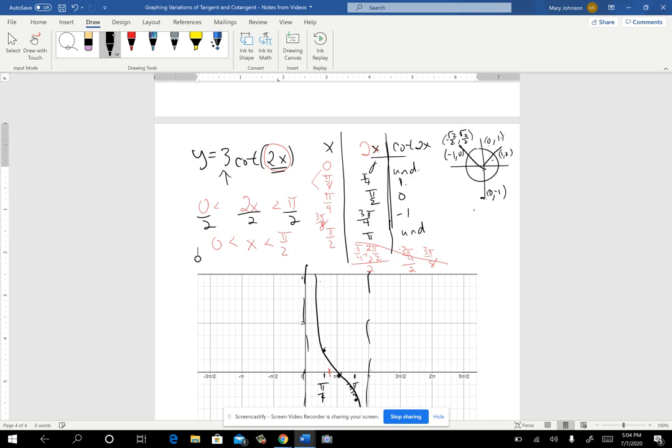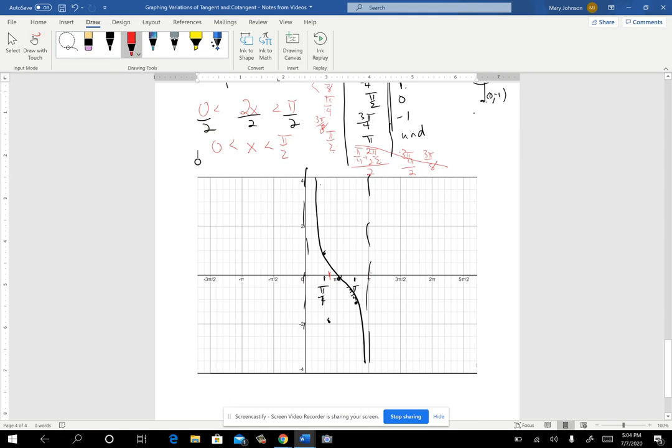We're going to have those same points. We're going to be plotting or finding that we're going to have an asymptote at 0 and an asymptote at pi over 2. So watch, I'm going to do it in red. Right here is going to be an asymptote. Everything's going to be scrunched, so it's half as far as it used to be.